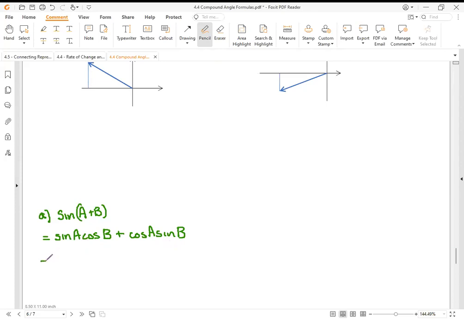It's given to you. Sine A is, what was it? 5 over root 29. Do we know cos B? Yeah. Cos B is given as negative 5 over 13.